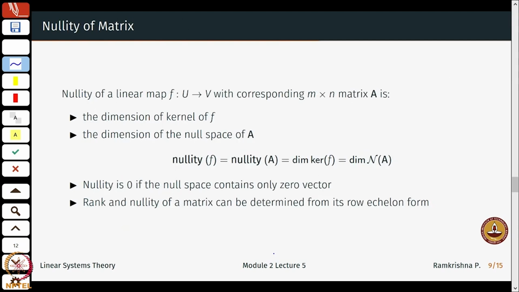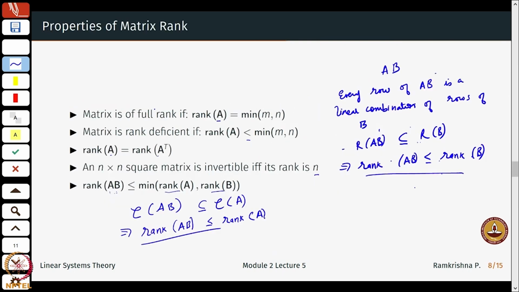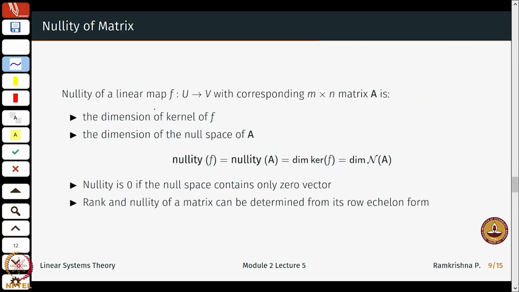Okay. Now, what is the nullity of a matrix? We spent some time looking at the rank of a map or the rank of a matrix, which is an equivalent representation of a linear map.